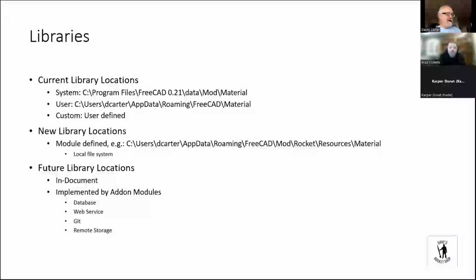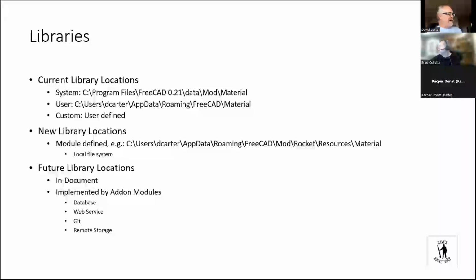Obviously, you can copy those definitions across, so you can create a card on your local file system from that in-document one if that's something you desire. But that would be a very useful feature, particularly for small modifications. I'll get into the inheritance of materials a little bit later, but this is where you're just modifying or tweaking small parameters.